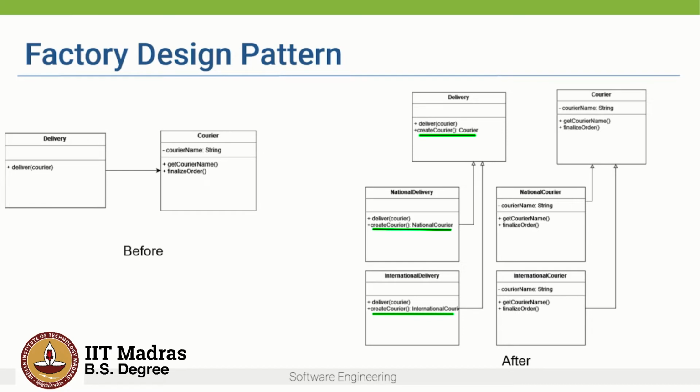So in this case, the create courier method is known as a factory method, which actually creates the appropriate courier object based on our condition. So now let's see how we can implement the factory design pattern in our code.